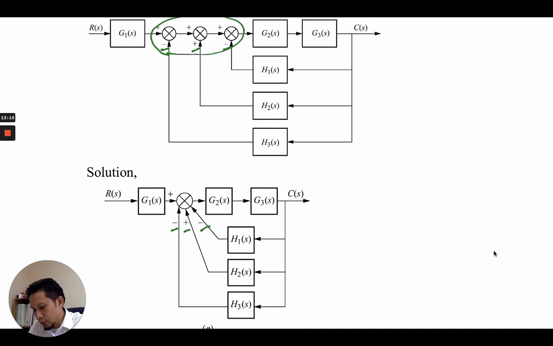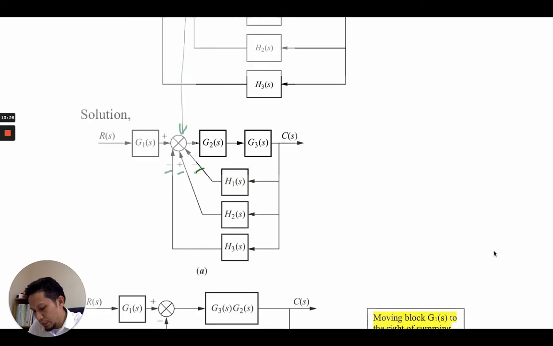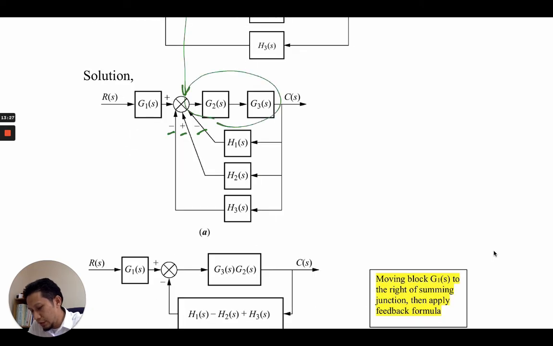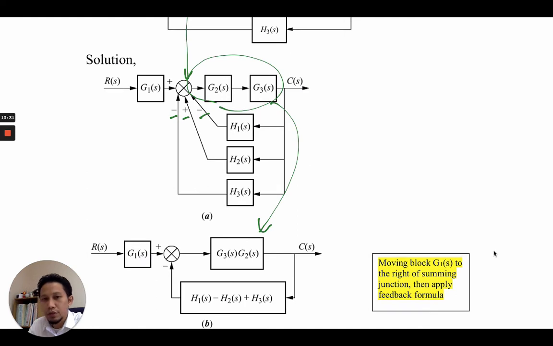So we reduce 3 of the summing junctions into 1 summing junction altogether. And then next what we can do is take the cascade of the block diagram. We have G2 and G3 over here. And then we can simplify the summing junction over here.